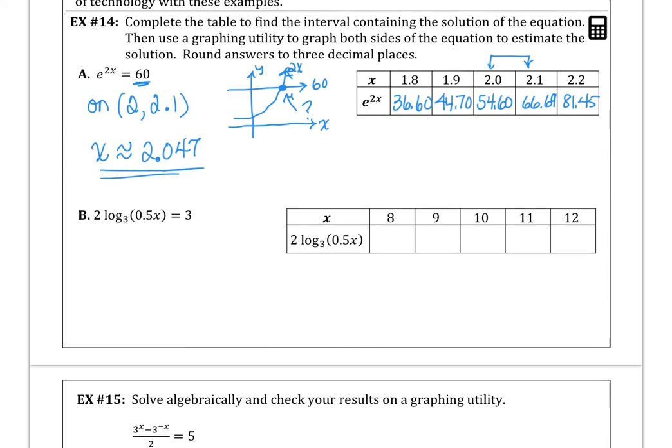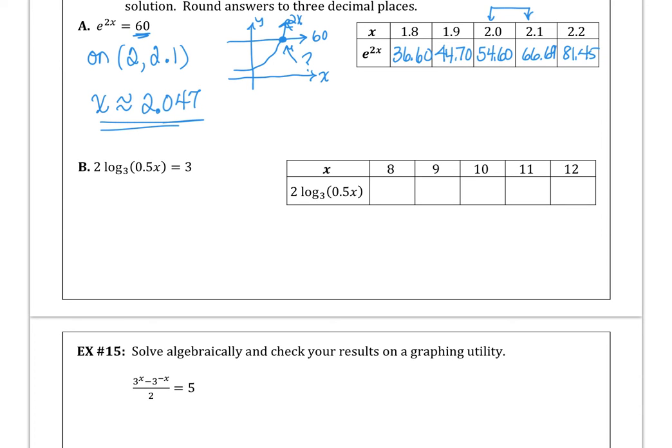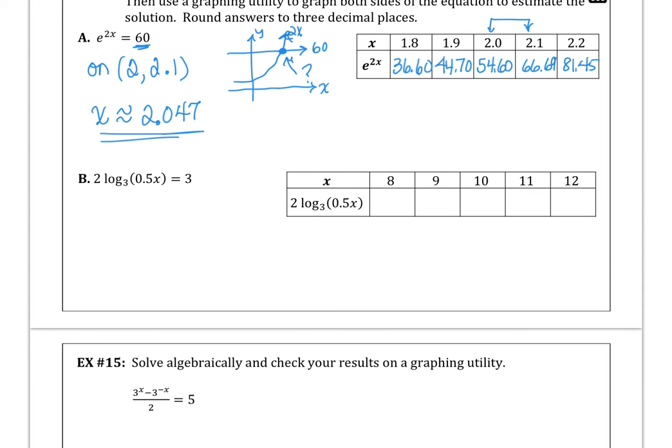Let's look at B. 2 log base 3 of 1/2 x equals 3. And again, I'm looking at the graph here using my graphing utility. I see this is my log graph, and this is y equals 3, and I'm looking for that intersection point right there. Where is that located?